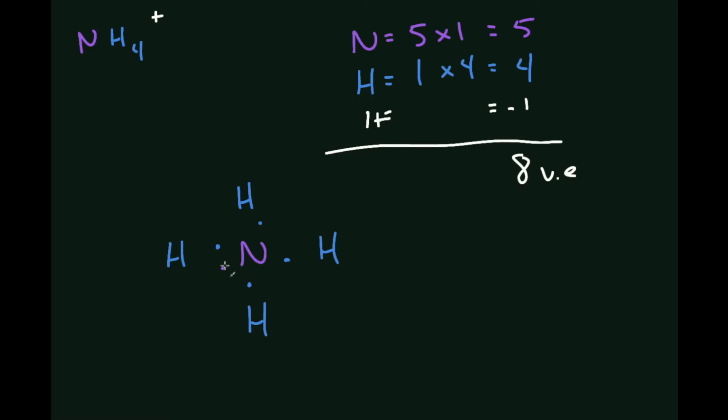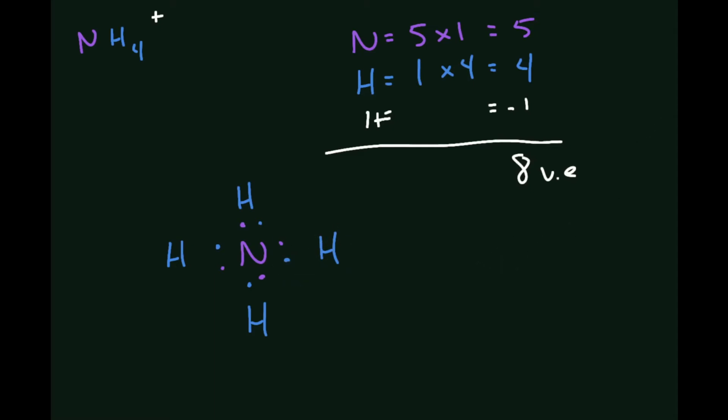So we have 1, 2, 3, 4. And remember, the positive charge means that we lost an electron. So nitrogen only has 4. So nitrogen is going to have its 2, 4, 6, 8. Hydrogen is going to have its duet, so it only needs 2.